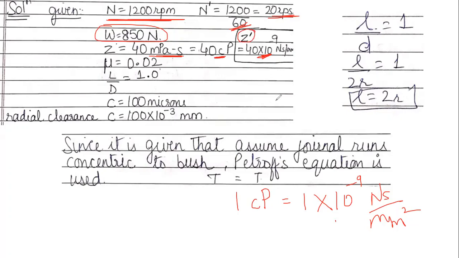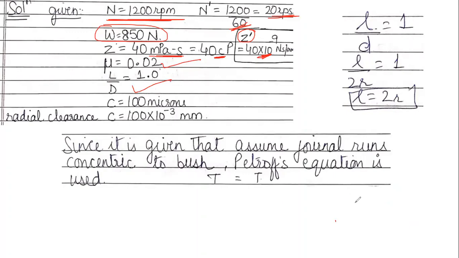So the absolute viscosity Z dash will be in Newton second per mm square, and Z is in centipoise. Next, we have done the conversion of absolute viscosity, which is given. Next, what they have given us, coefficient of friction, that is mu 0.02, L by D ratio is 1.